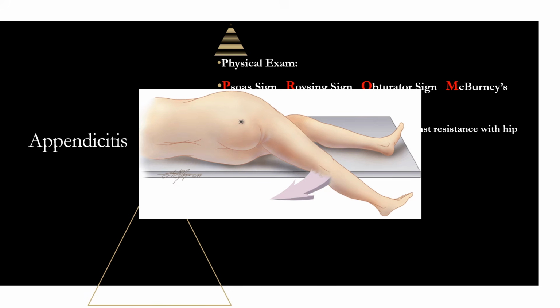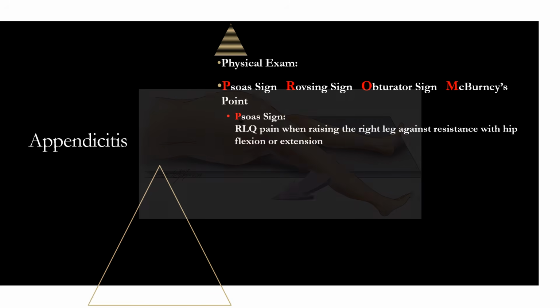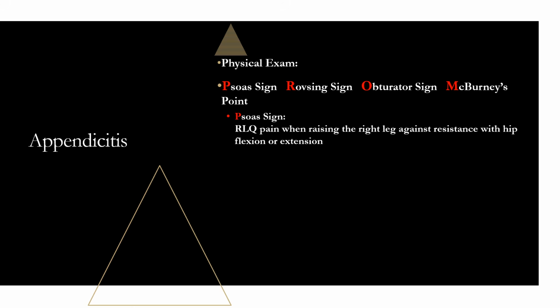So it lies parallel with the peritoneum. It's going to push on that area. So it's either going to be flexion or extension of the hip, pushing against resistance with your hand, and they'll have this pain in the right lower quadrant. And again, this can be done in the lateral position or supine, and that's going to be psoas sign, which again, just like in the name, it has the area that is involved in the testing, the psoas muscle.